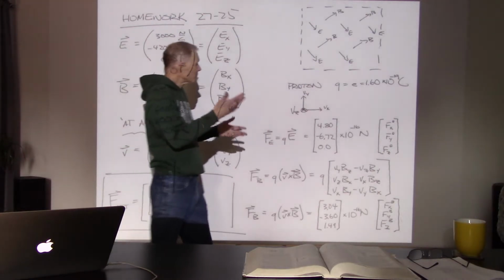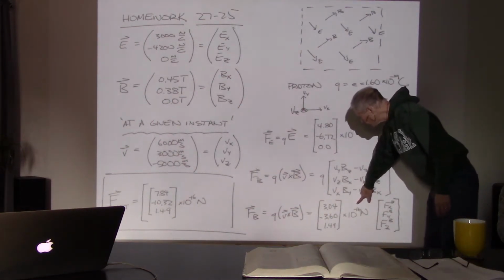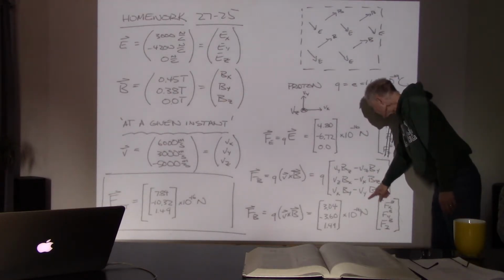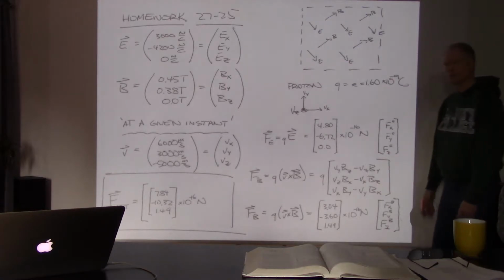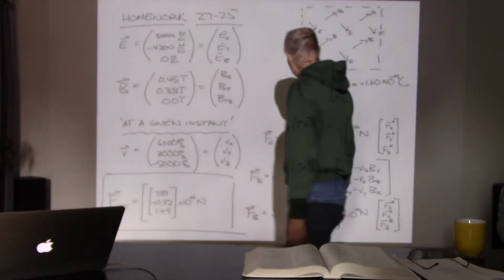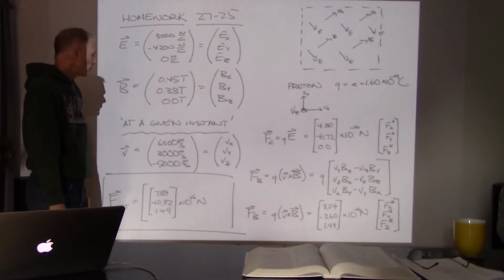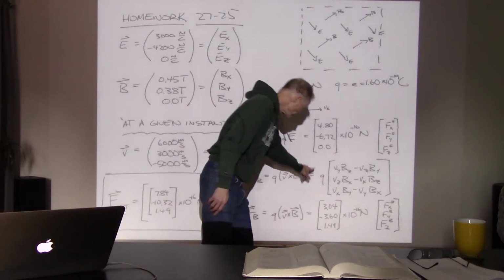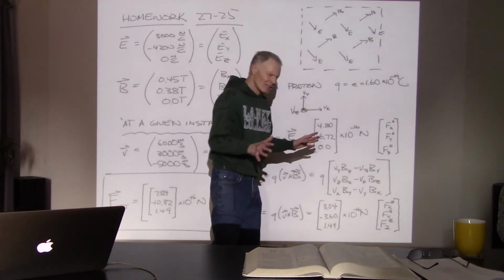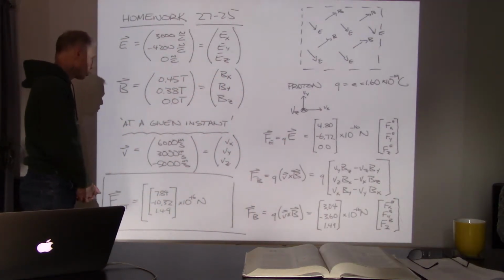Well, somebody planned this out, I think, because when you calculate the force due to the magnetic effects, that also came in at 10 to the minus 16. I don't think that's a coincidence. Somebody set the problem up so that you would have similar forces from both. So anyway, I think I did this carefully. I think the answers match the back of the book. You guys should check and see if this worked.